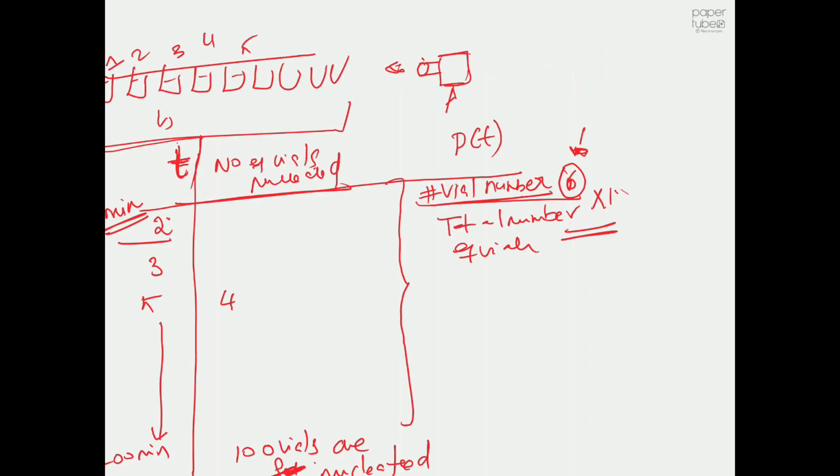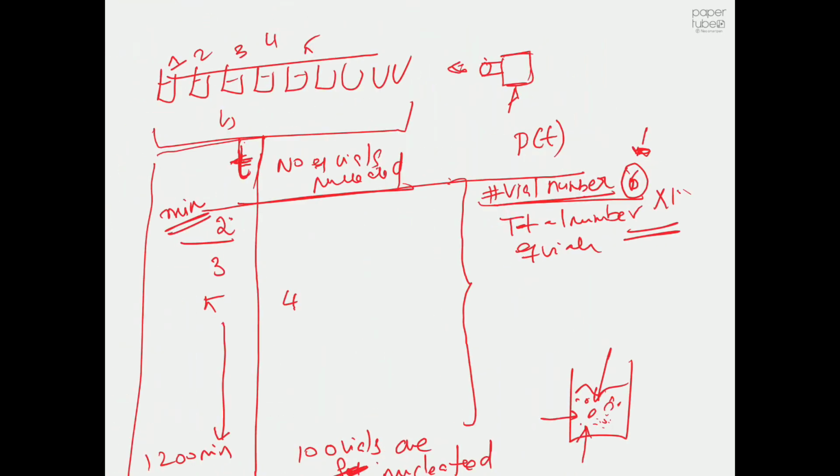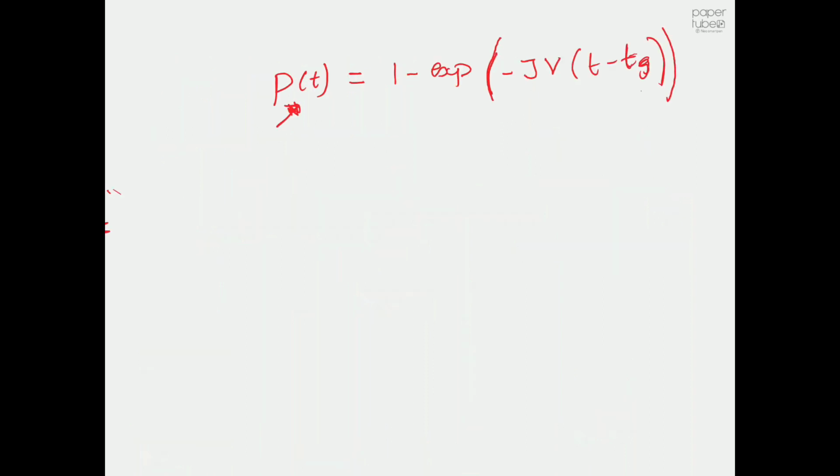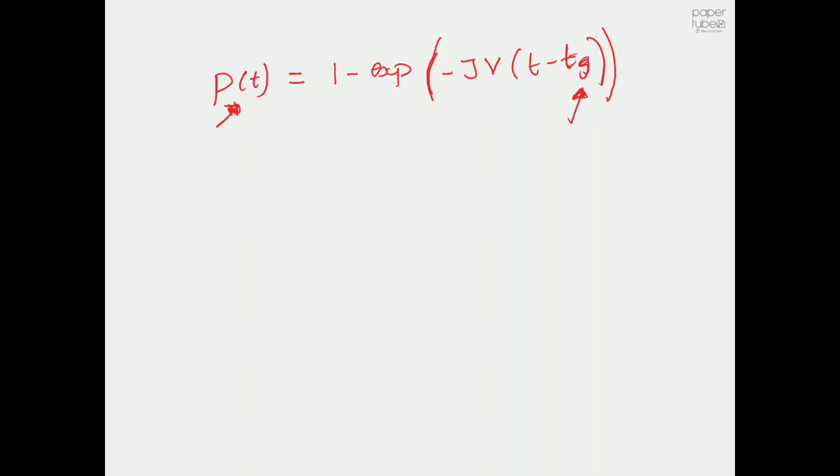Oh, sorry, I think I made a mistake before. Whenever I said this tg, this is just the time at which your first vial got nucleated. When you observe the first vial getting nucleated, that's the growth time. This is like a terminology. If you want, we can call it the t of the first vial.